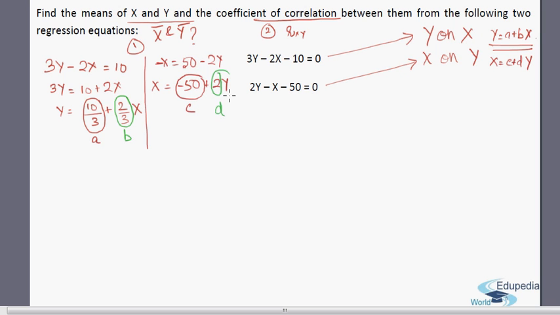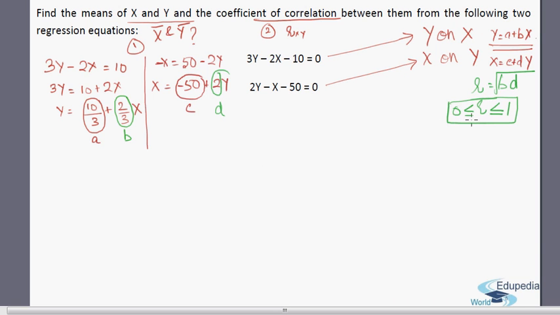Right, so now we know that there is a relationship between b and d, and that's given by r equals the root of b into d. So let's take these two, b and d, and we know that the value of r is always going to be less than 1.